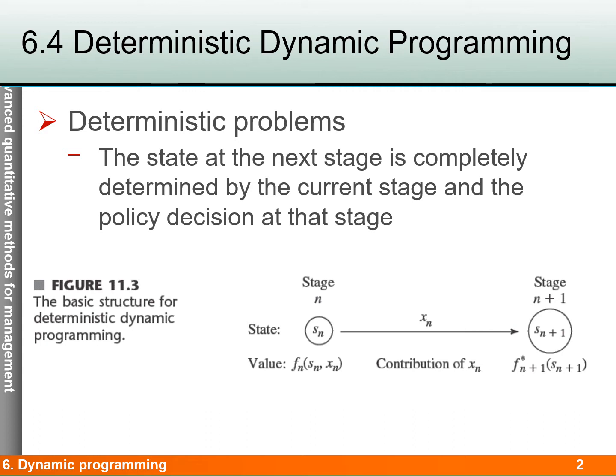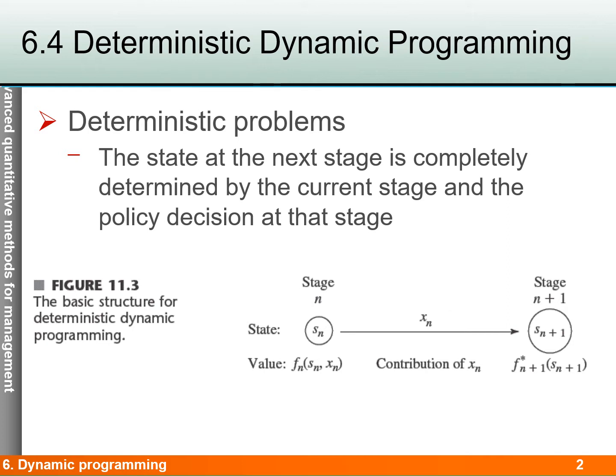So, as you see here, deterministic dynamic programming can be described by this figure 11.3. At stage n, the process will be in some state Sn, making policy decision Xn.